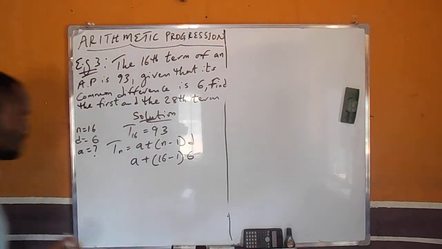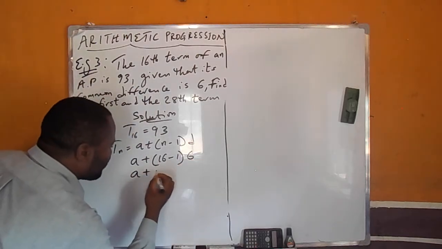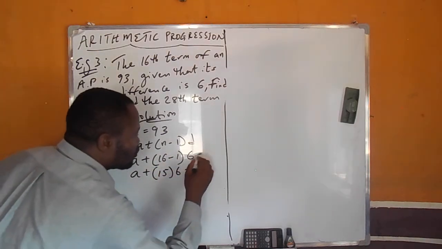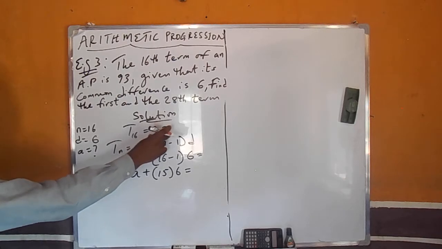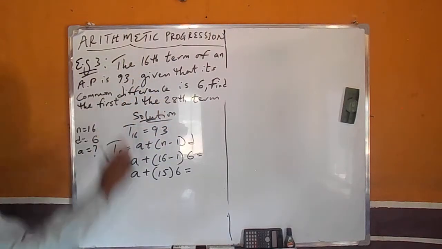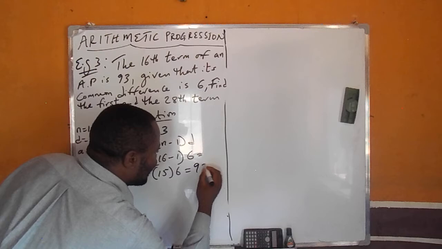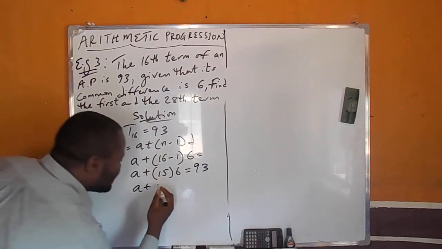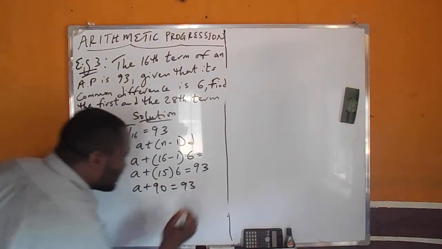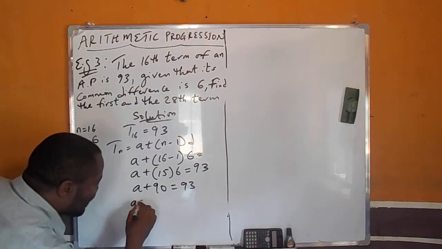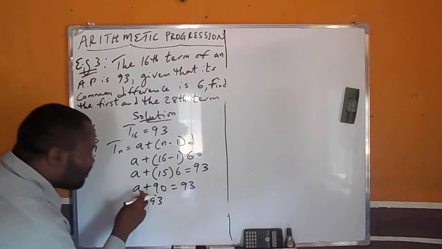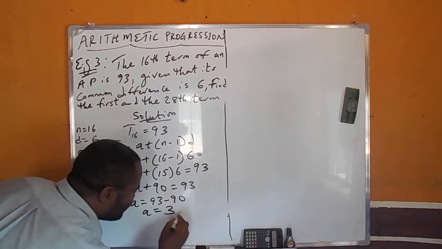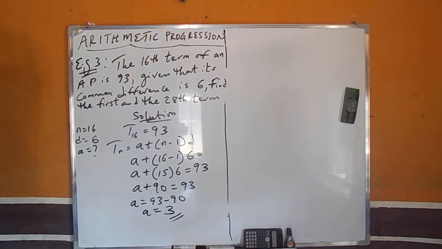We now say A plus 15 times 6 equals the 16th term, which is 93. A plus 90 equals 93. Collecting like terms, A equals 93 minus 90, which is 3. So our answer there is 3.